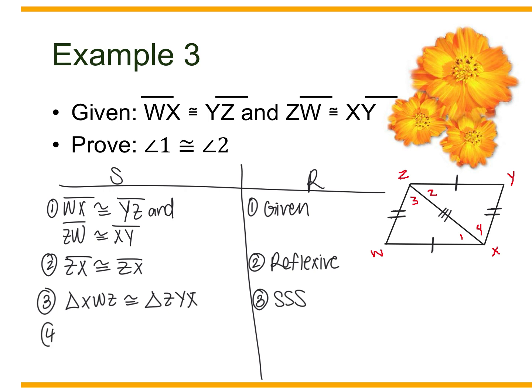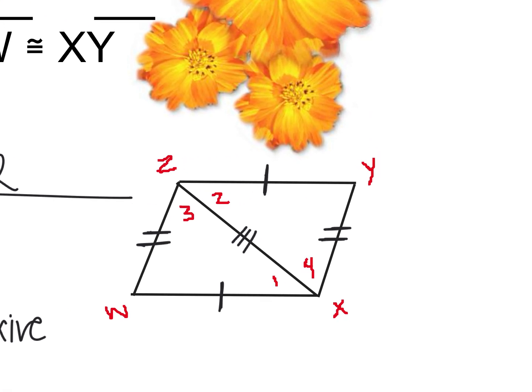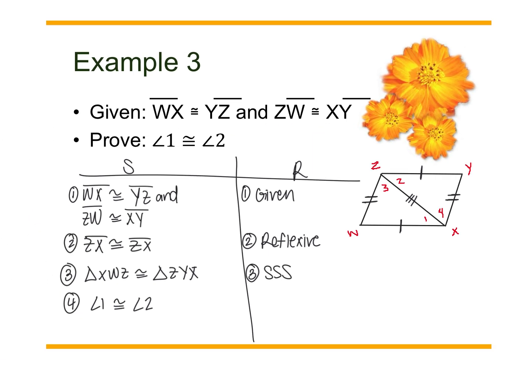So looking at it, first thing, do not state that they are alternate interior angles. They are not showing me that I have parallel lines. There's nothing here in this diagram that says my lines are parallel. There's no arrows. There's no right angles. I don't know if they're congruent using alternate interior angles, so I cannot state that.